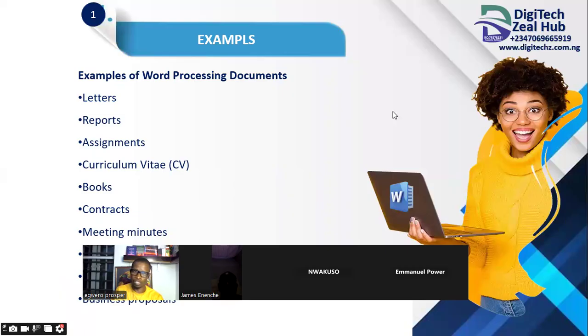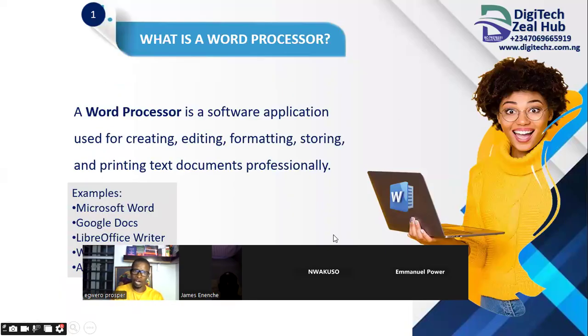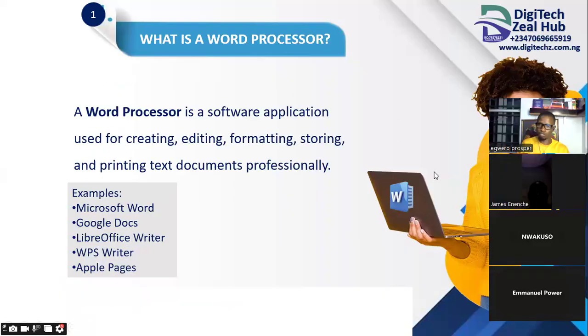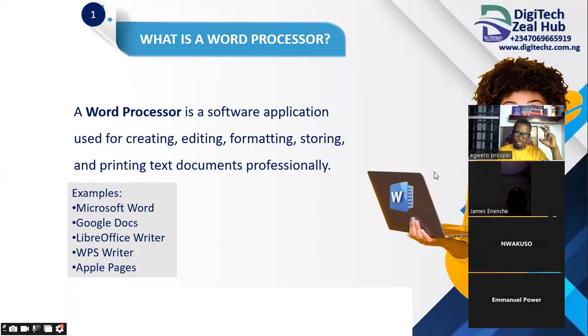Now let's proceed. So this takes us to the next topic. Remember our objective. Now what have we learned so far? Number one, we started with understanding what electronic data or word processing is.